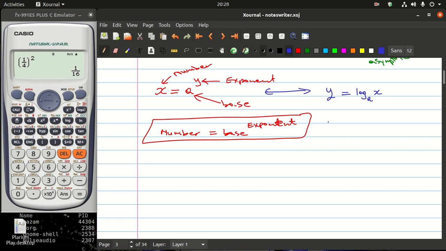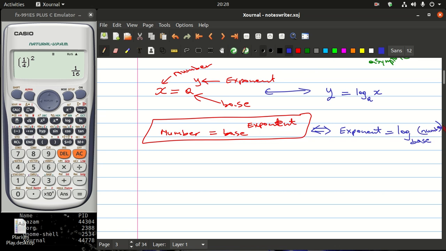So we change this, so these two things are equivalent. In other words, we now have an exponent is equal to log base, and the number is coming here.